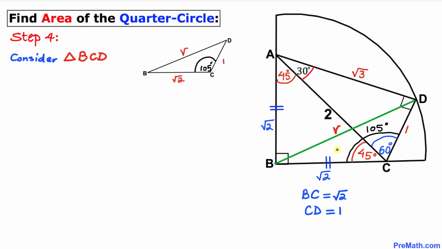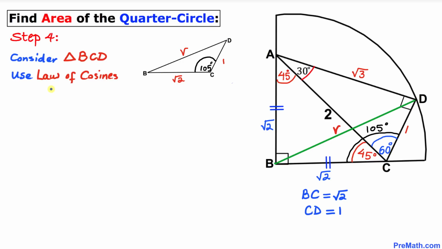And here's our next step. Let's consider this triangle BCD once again, and here I have copied it down. Here our angle C is 105 degrees. This side CD is 1. This side BC is square root of 2, and this side BD is r.